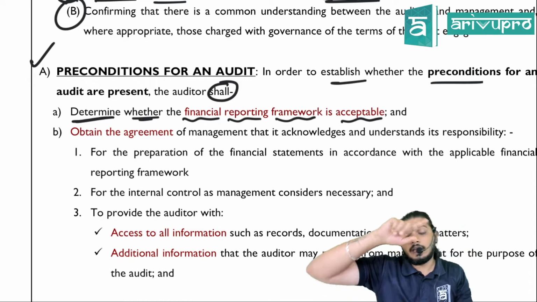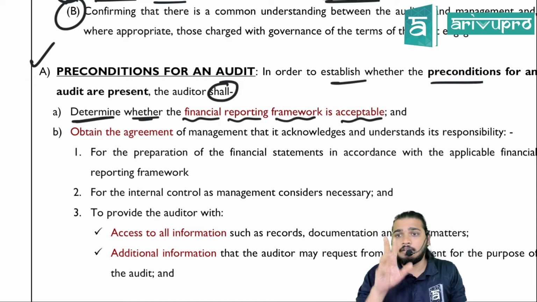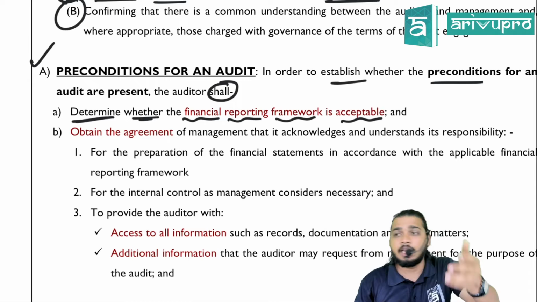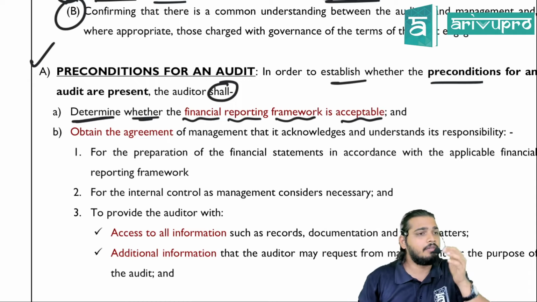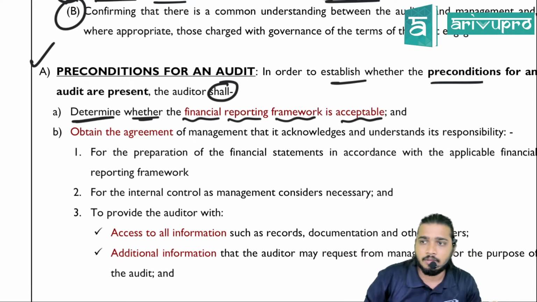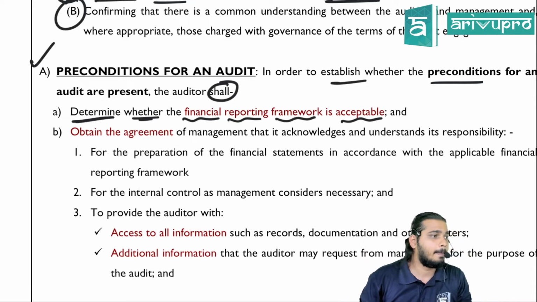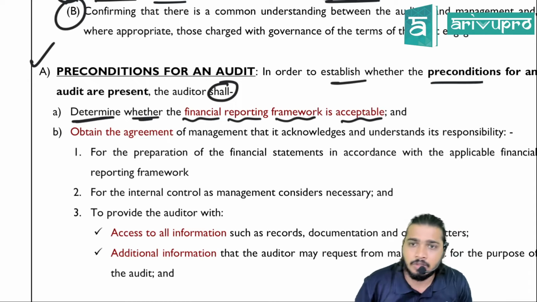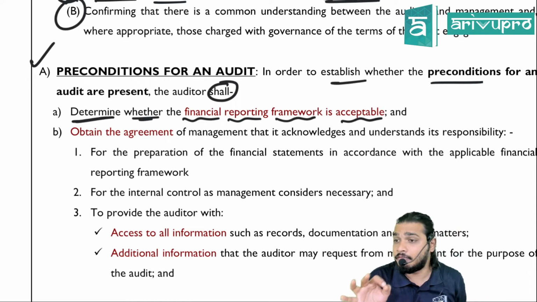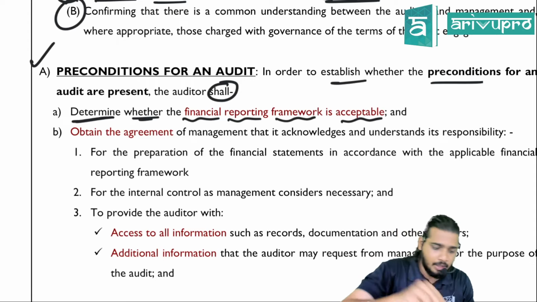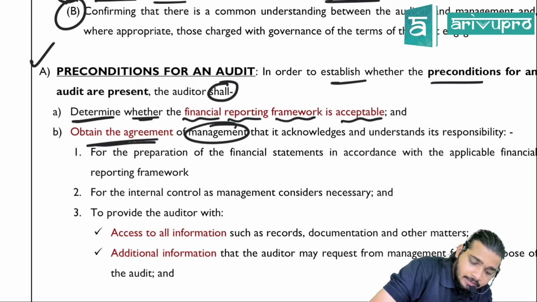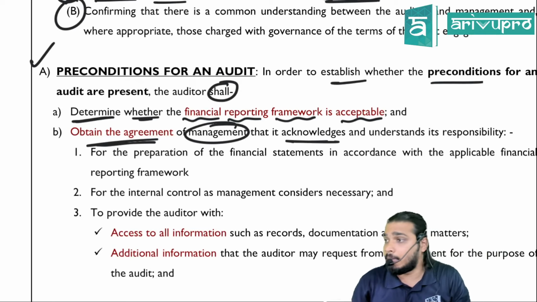Now, in that case, I have to see whether it is acceptable for me. If I have the knowledge about it, then I can accept it. If I do not have knowledge about it, even if I accept, will there be quality output? No. Are you getting my point? Understood. So step number 1: determine whether the FRF is acceptable. Number 2: obtain the agreement of management that it acknowledges. What do you mean by acknowledge?